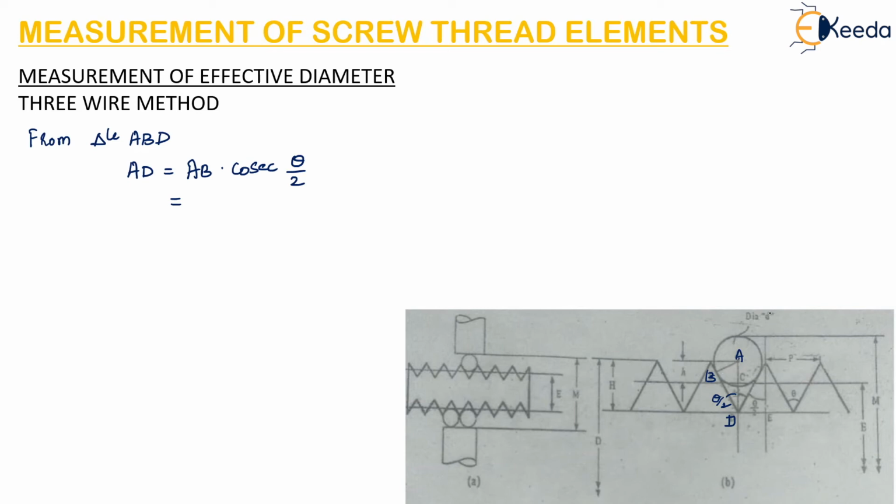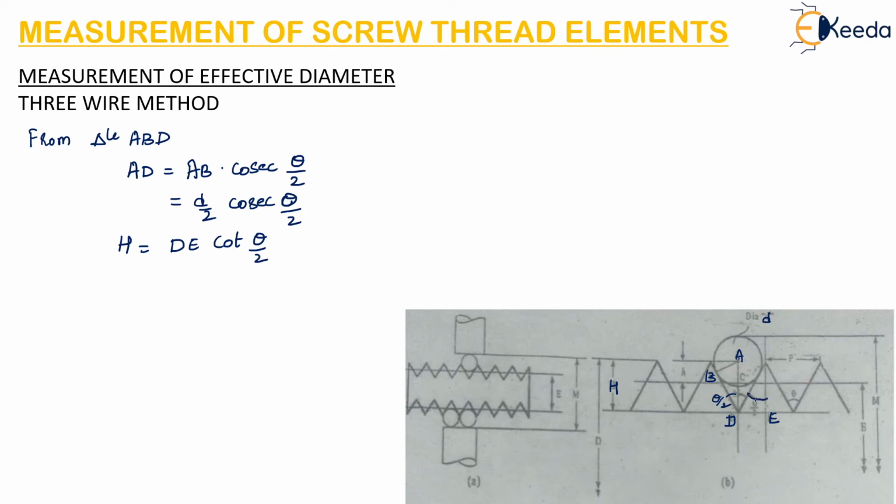If the wire diameter is given as d, then AB is half of it. So we can write d by 2 cosec of theta by 2. Capital H can be written as dE cot of theta by 2. So this H can be written as dE into cot of theta by 2.